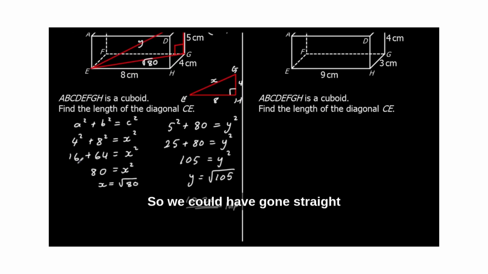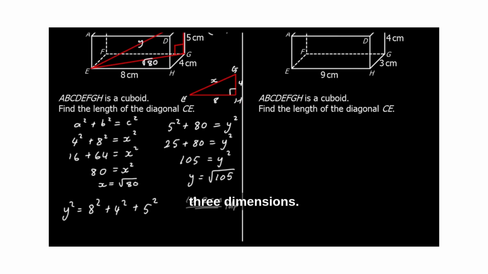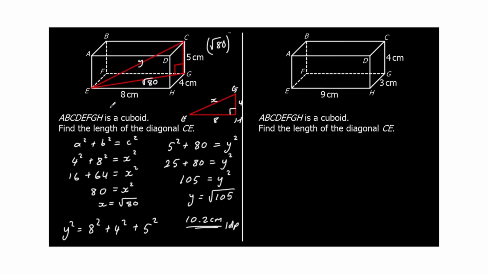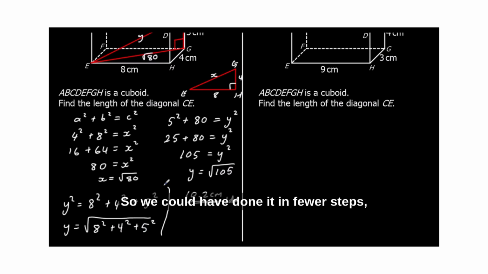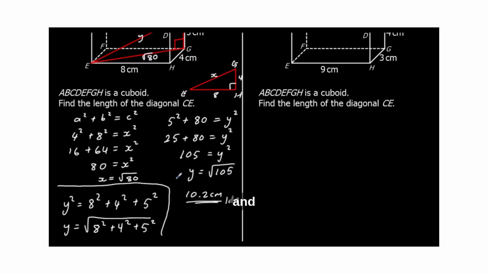So we could have gone straight to y squared equals 8 squared plus 4 squared plus 5 squared. So y would be the square root of 8 squared plus 4 squared plus 5 squared. We could have done it in fewer steps and we would have got the same answer.